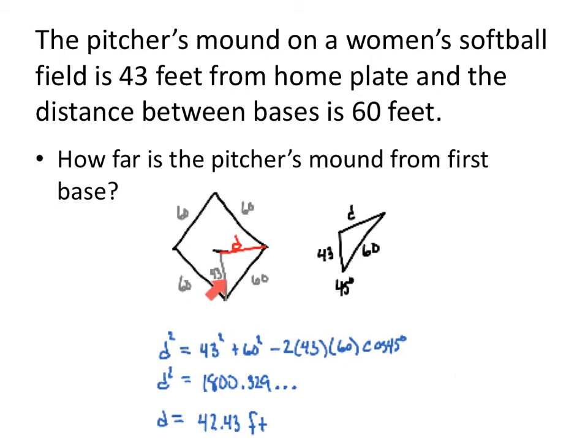So if I take apart what we're really looking at here, I have a distance of 43. I have a distance of 60. This is home plate and this is first base. Now I am claiming that our angle here at the bottom of the triangle is 45 degrees, and here's why. The softball or baseball infield makes a diamond shape, and that diamond shape is actually a square, right?